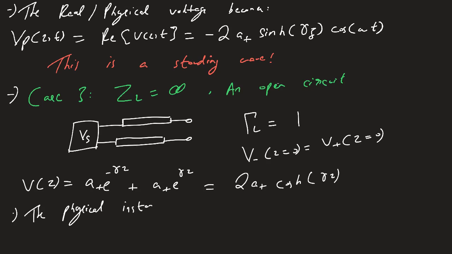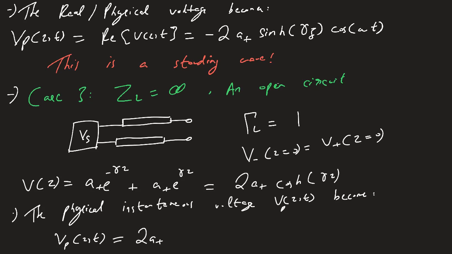So the physical instantaneous voltage V of zt becomes equal to 2a plus cosine hyperbolic of gamma z cosine of omega t, right?